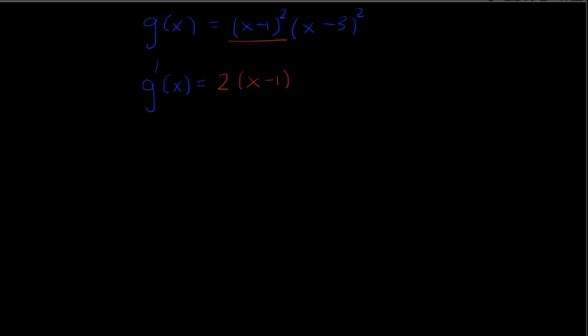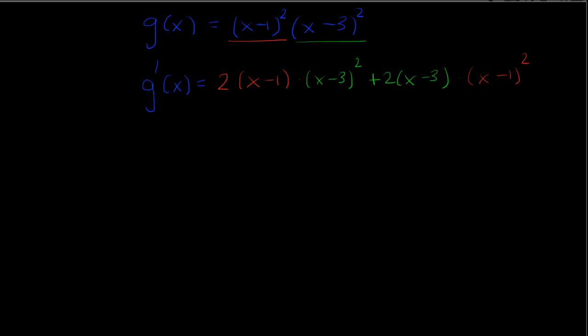And then we're going to multiply it by g, which will be x minus 3 quantity squared, plus, now the derivative of x minus 3 squared will just be 2 times x minus 3, and then multiply that by f, the first function, which is x minus 1 squared.